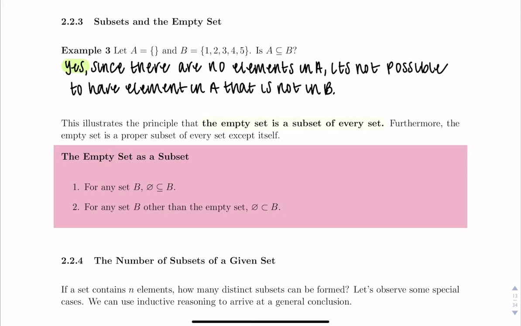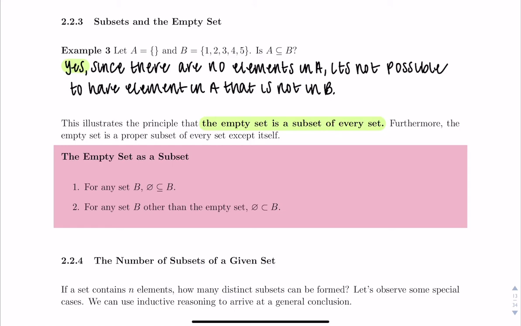So for any set B, the empty set will always be a subset. And as long as B is not the empty set, then the empty set is a proper subset of B.